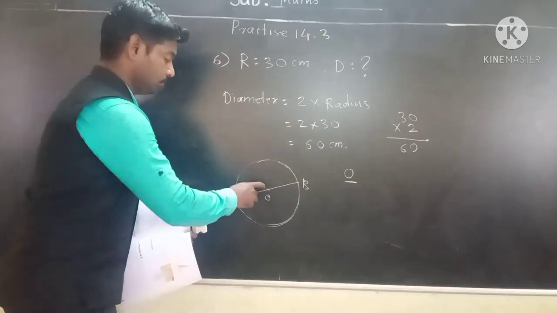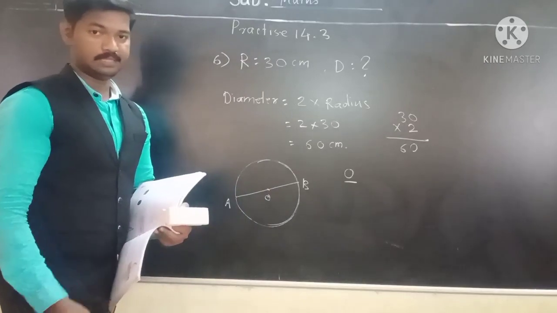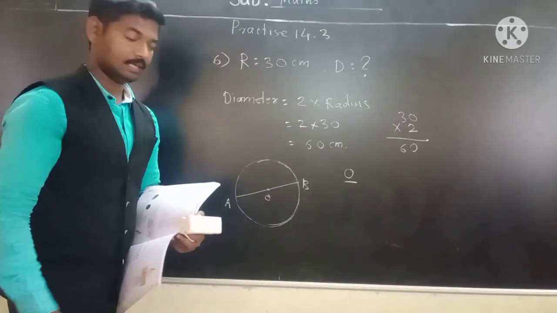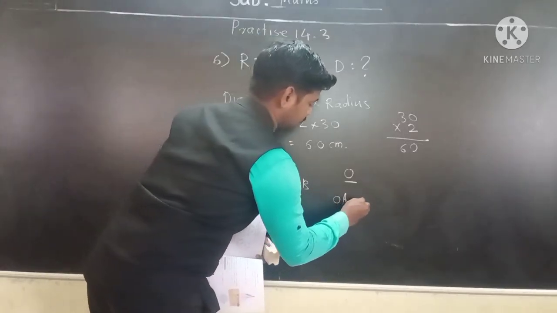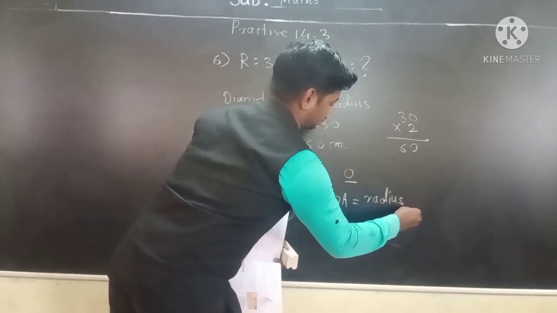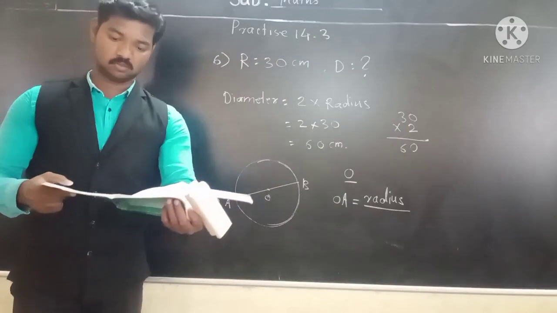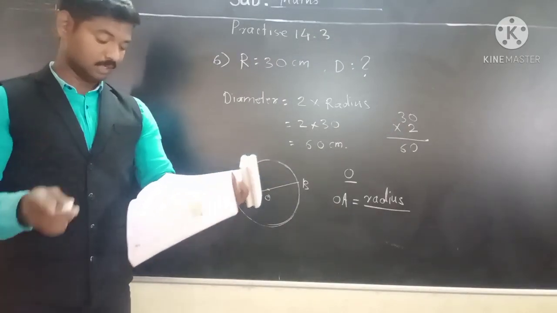Now OA, A is any point on the circle and O is the center of the circle. We know that when the center of the circle is joined with any point which lies on the circle, it is known as radius. Correct? So OA is the radius of the circle. Then two conditions are given there.